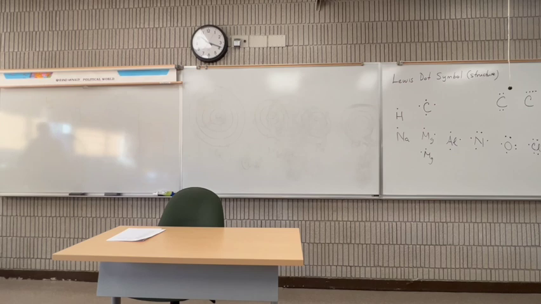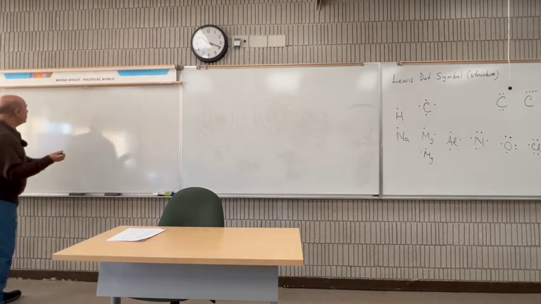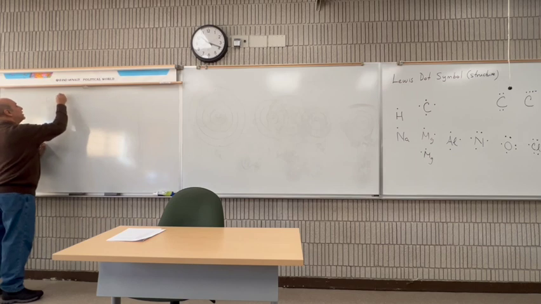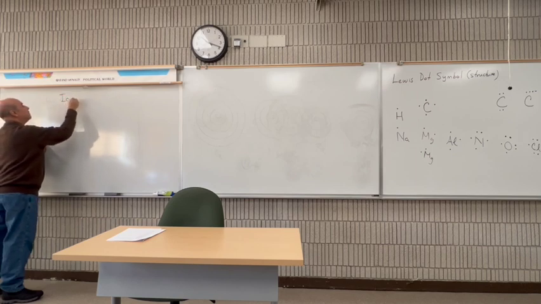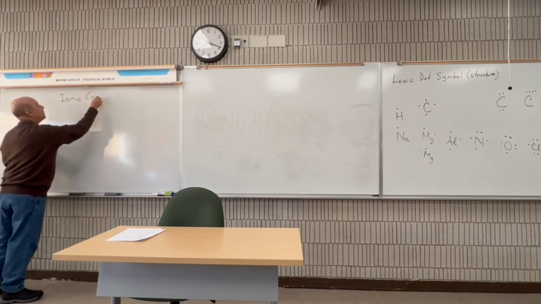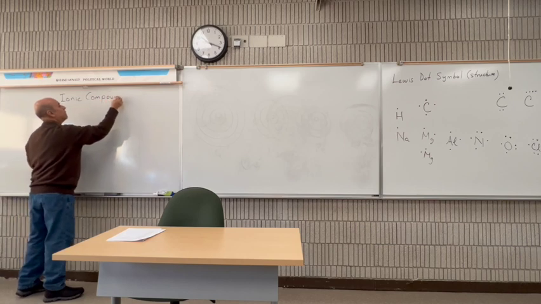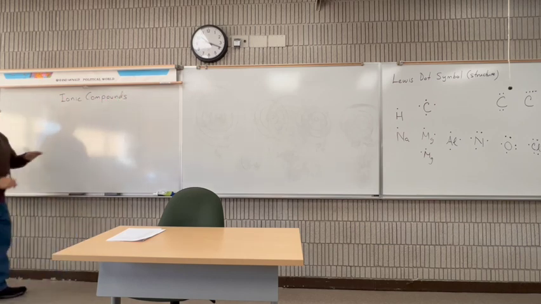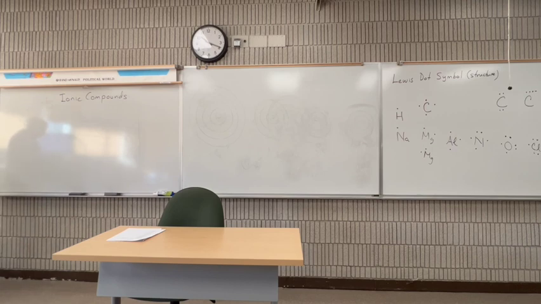We're going to spend the next few minutes talking about a group of compounds known as ionic compounds. Brand new topic in chapter 6. We have seen several ionic compounds already, at least one.